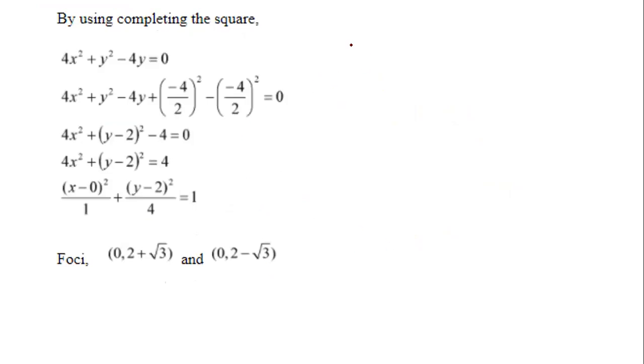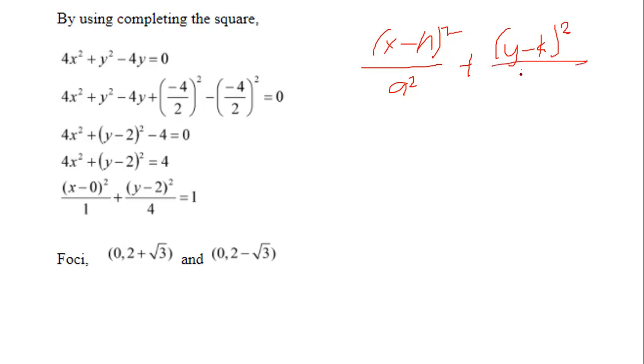Now we want to find the general equation for the ellipse. The ellipse general equation is (x minus h) squared over a squared, plus (y minus k) squared over b squared, equals to 1.